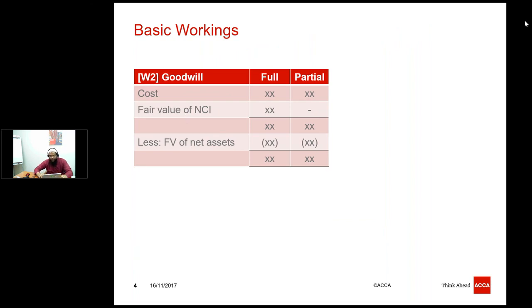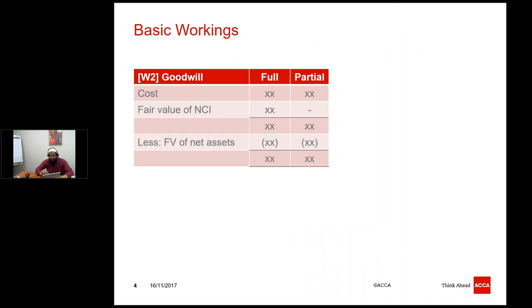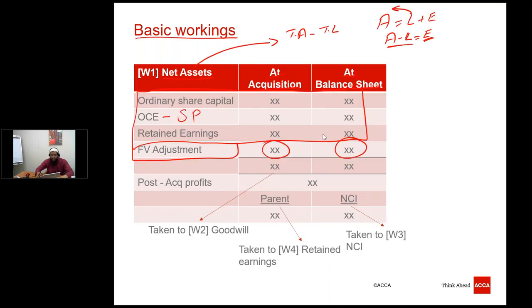The word other components of equity actually means share premium. And further, if there is any fair value adjustment, we are going to record that fair value adjustment both at the date of acquisition and at the date of balance sheet. Now this is the total of the net assets at the date of acquisition, and this is the total of the net assets at the date of balance sheet.